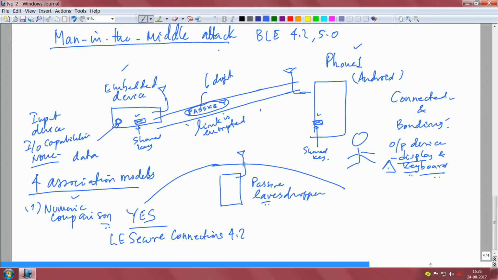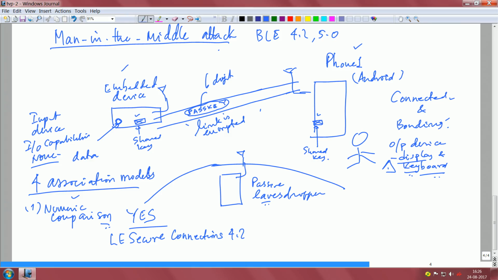The user either inputs an identical pass key into both devices, or one device displays the pass key and the user enters the pass key into the other device. That is what we are going to do here, and so you have different capabilities on both sides of the device. So essentially this is one way.